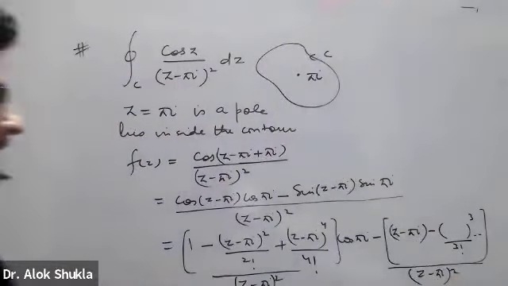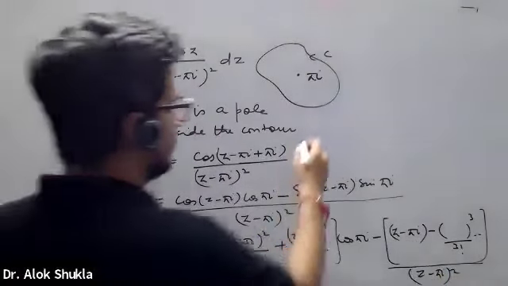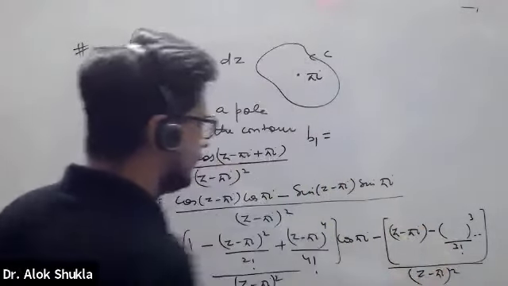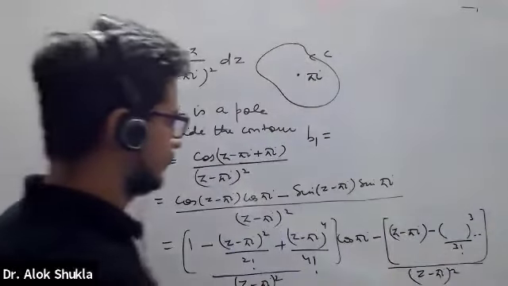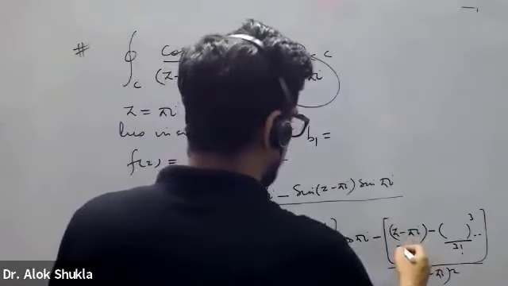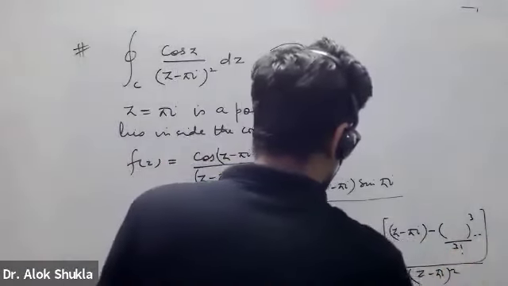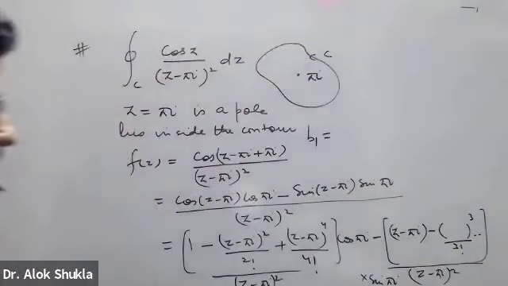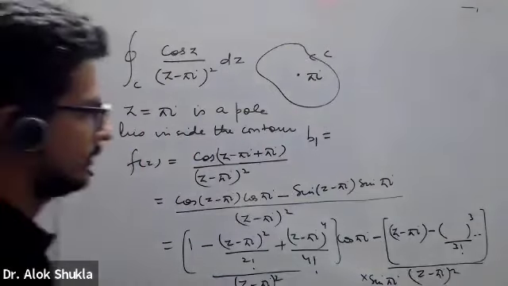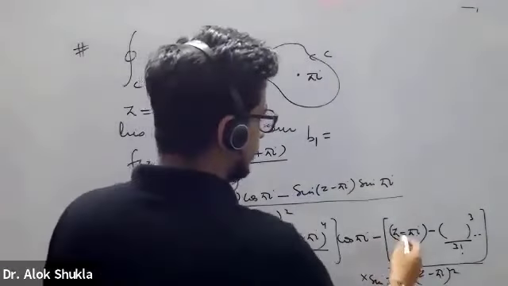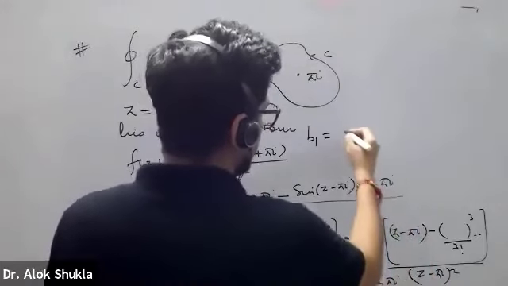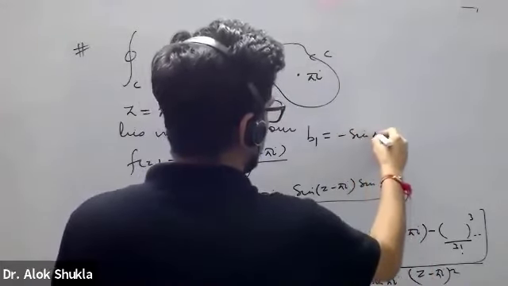So if I just want to know b1, it will come when this is divided by this. So sine pi i is also multiplied in the numerator. When this is multiplied, it will be 1 upon z minus pi i, and what is the coefficient b1? It will be minus sine pi i. Please see this.